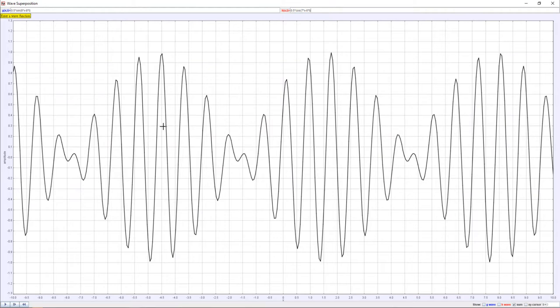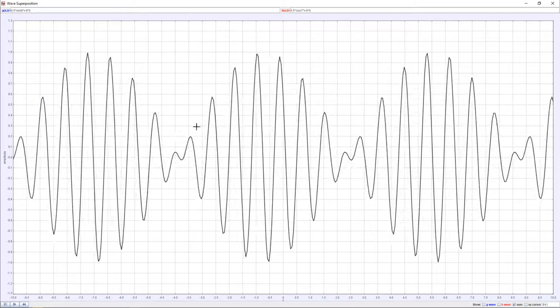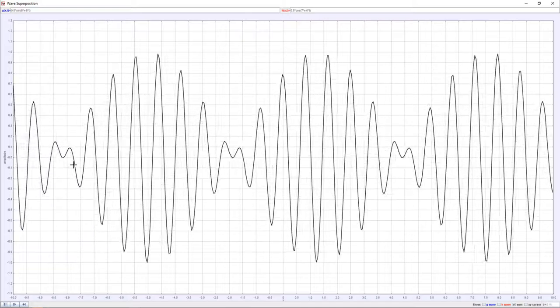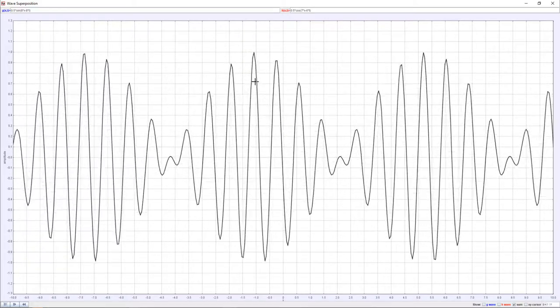than the blue wave. Now notice that the oscillating term and envelope term, when we freeze it in time, look pretty much similar to what they did before. But now what happens when I play it? Notice that now the envelope term is traveling at a different speed than the oscillating term.